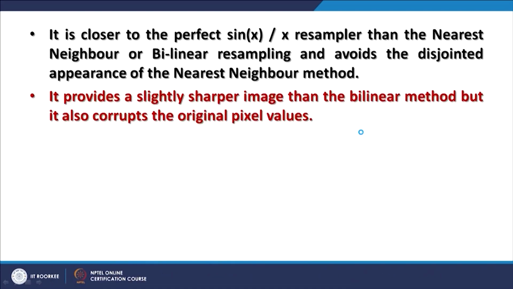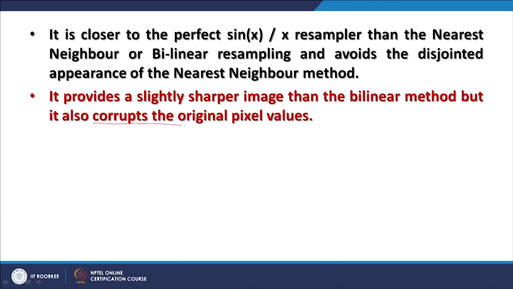Of course, it will modify your original pixel value; basically it will corrupt your original pixel value. It is a harsh word, but it will corrupt your pixel value to a large extent, because in order to derive a new pixel value, 16 surrounding pixel values are considered depending on the distance, and then calculations are done.